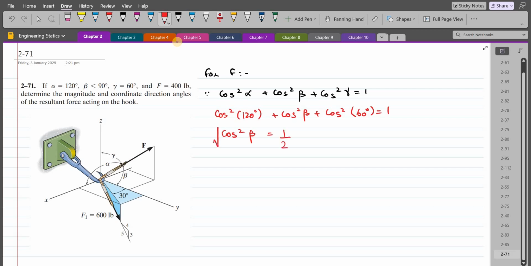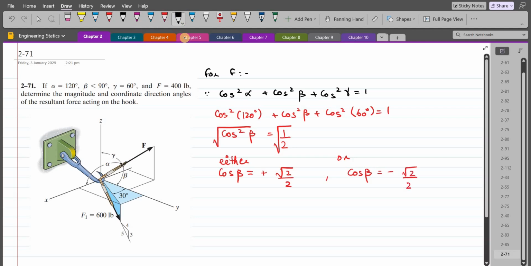If I take the square root on both sides, I would have cos beta equals positive root 2 upon 2, or cos beta equals negative root 2 upon 2.